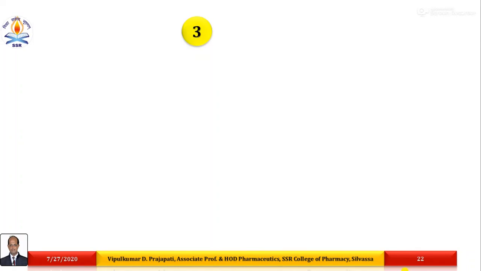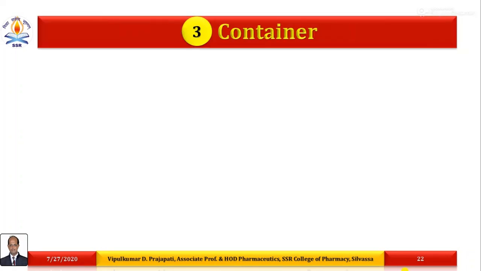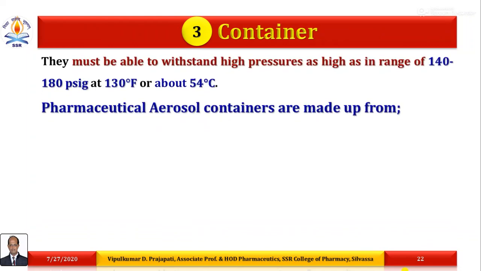Third component of the pharmaceutical aerosol package, that is the container. The container of a pharmaceutical aerosol must be able to withstand pressures as high as 140 to 180 pounds per square inch gauge at 130 degrees Fahrenheit or about 54 degrees Celsius.